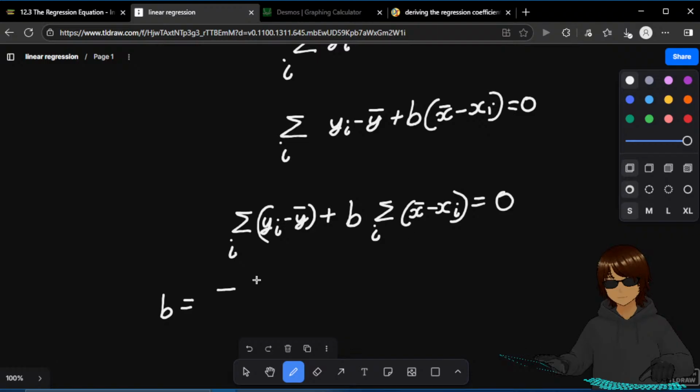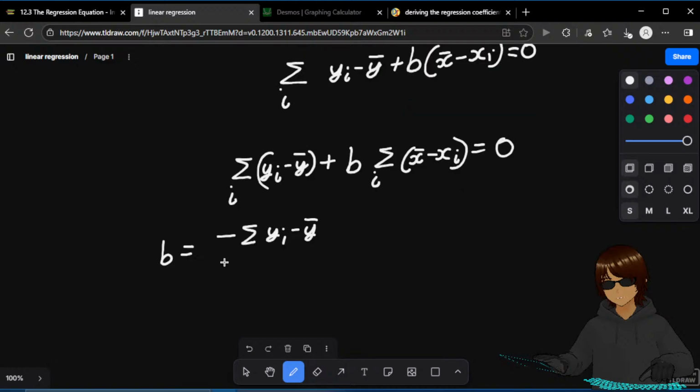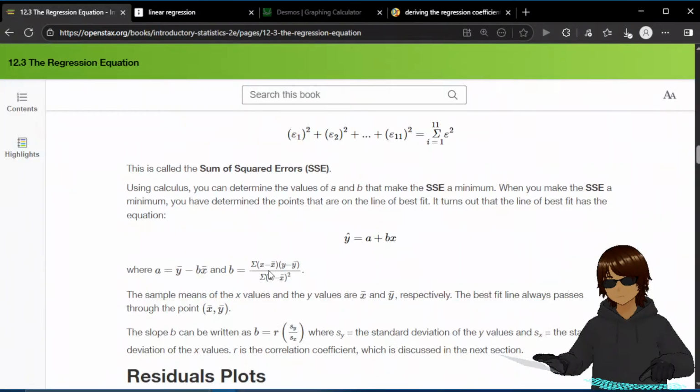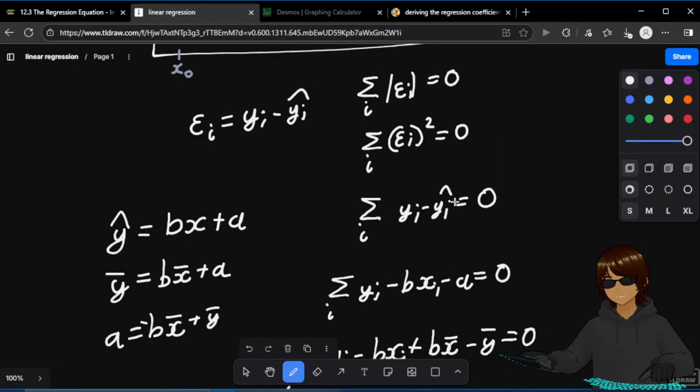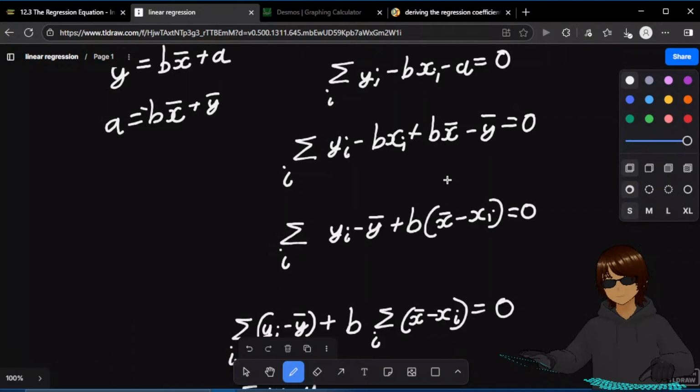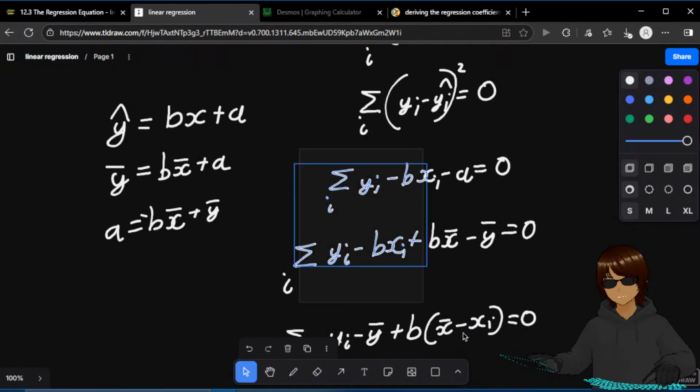Minus this upon this. I can multiply one of them with a negative, but that's not what they got. They got something else. Let me see where I went wrong. Oh, it is squared. Never mind. All of this is wrong.